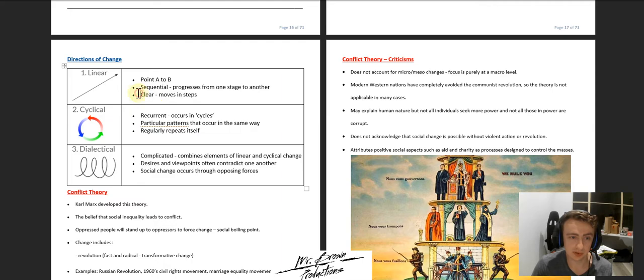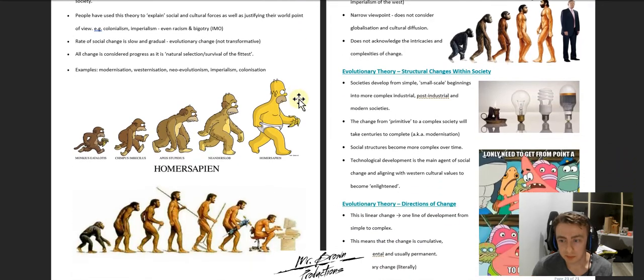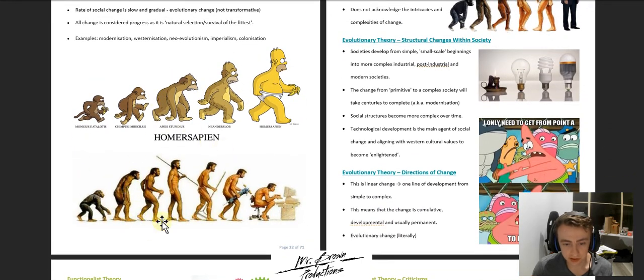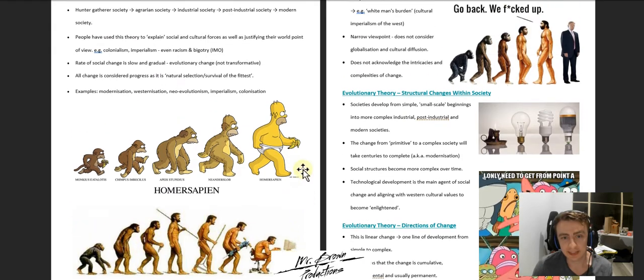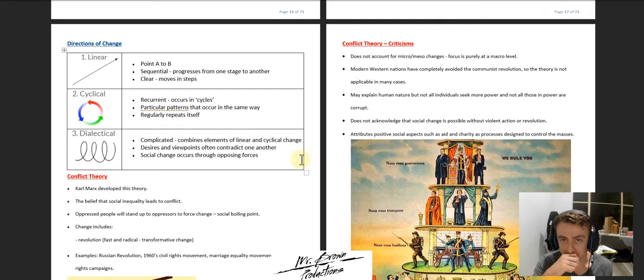So an example of linear social change is evolutionary theory, this idea that we went from one stage to another in a really clear change over time, and we went from point A to point B. It's very clear.